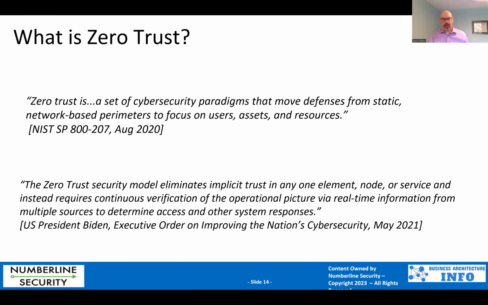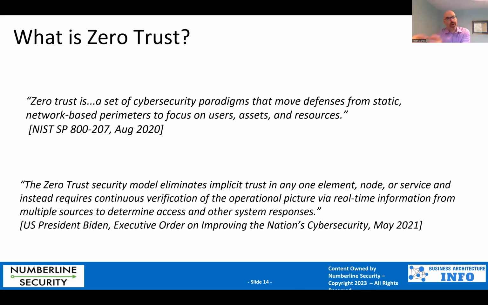And quoting President Biden from the executive order from just a couple of years ago, they define this as a zero trust security model that eliminates this notion of implicit trust in any one component, and instead requires continuous verification through real-time information to determine access and other system responses. So those elements of it are really important.